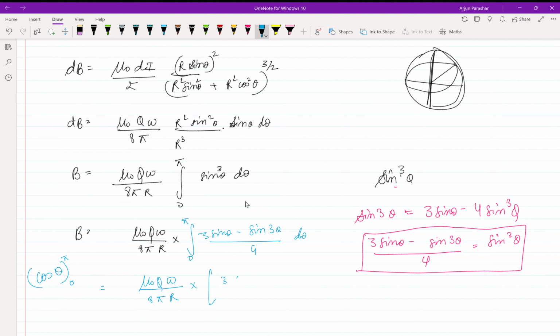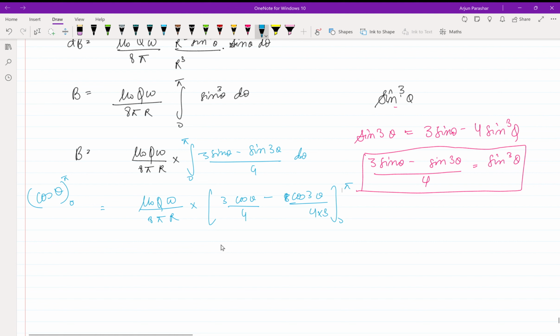All right, 3 cos theta minus cos 3 theta upon 3, upon 4, and 0 to pi.